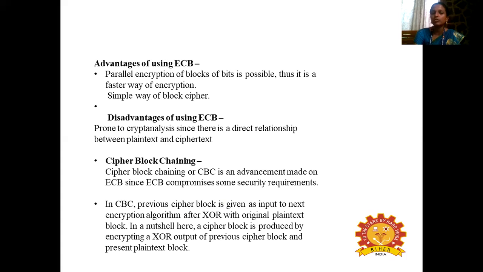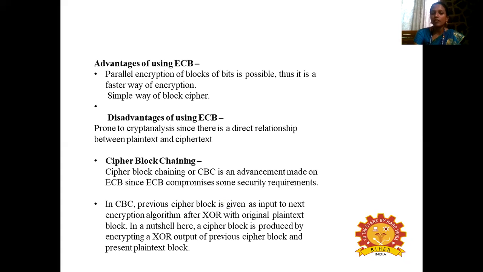So it produces the same ciphertext: if the plain text content is the same, the ciphertext content is also the same if the key is the same. If the attackers can get one key, it is easy for them to find all the ciphertext. This is the disadvantage of using ECB.